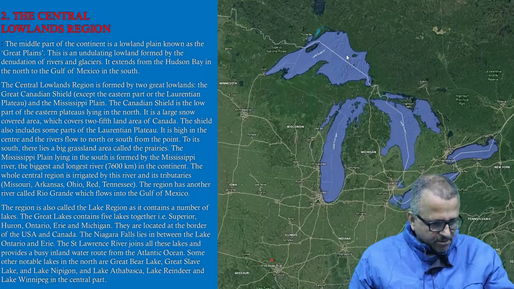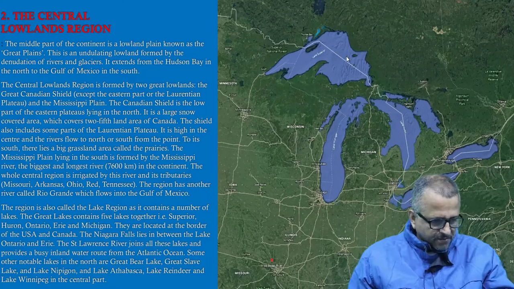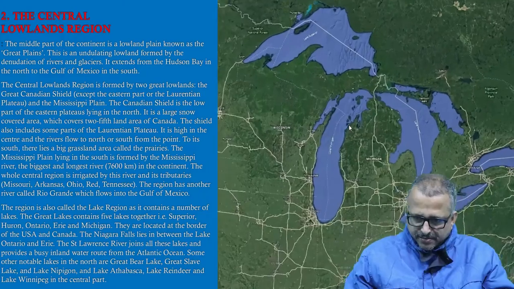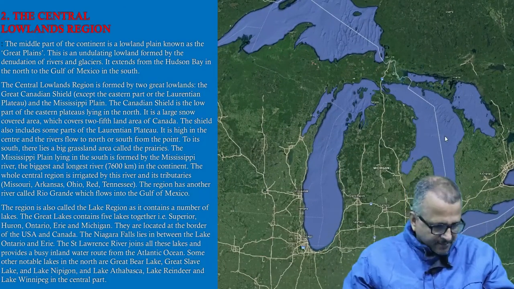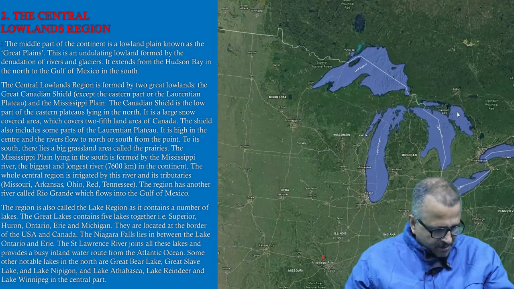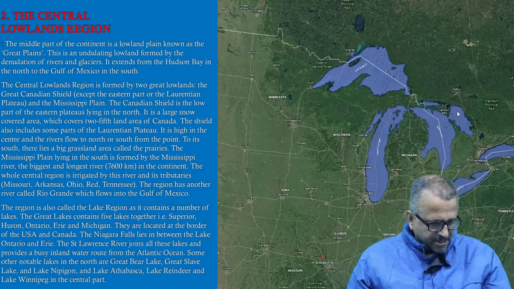As I've told you, the Niagara Falls, the beautiful falls, also lie between Lake Ontario and Lake Erie. Okay, this is Lake Michigan. Let me tell you, this Michigan, Erie, and another place on this river, a beautiful place which I told you about, Niagara Falls, and this is joined to form the busiest water lane, that is the St. Lawrence River, which is a navigable river.